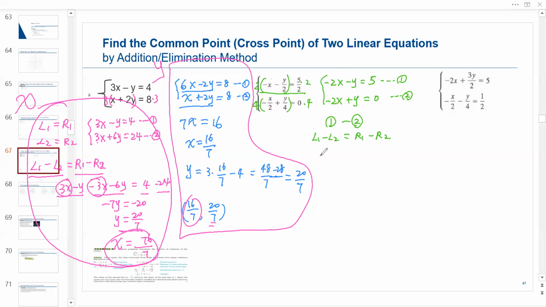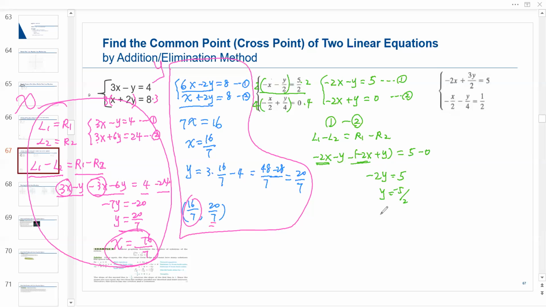So here it became 2x minus y minus negative 2x plus y, equal to 5 minus 0. So x was gone. Here it became negative y minus y, negative 2y equals 5. So y equals negative 5 over 2.